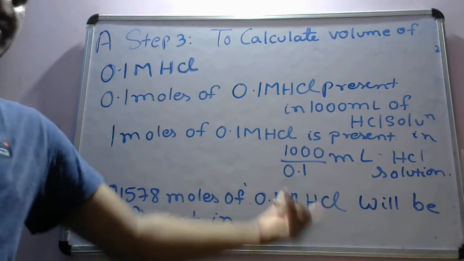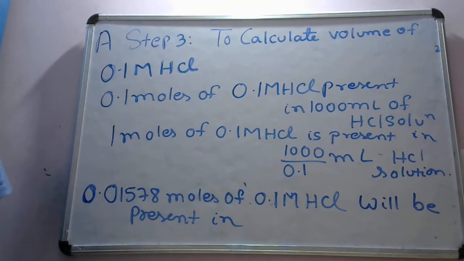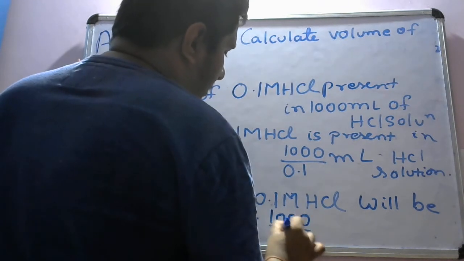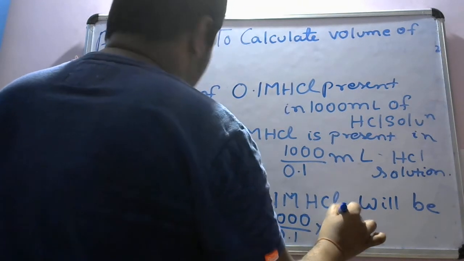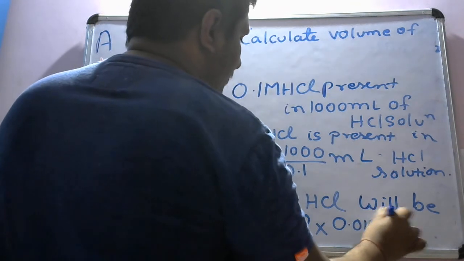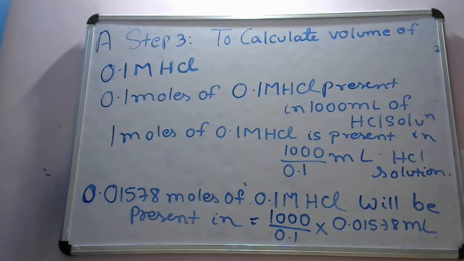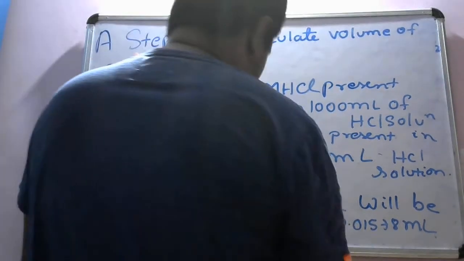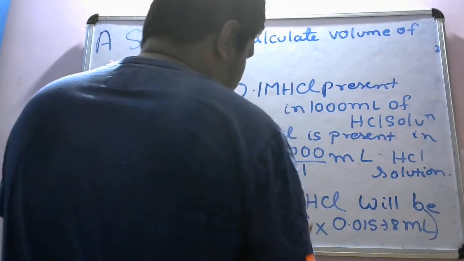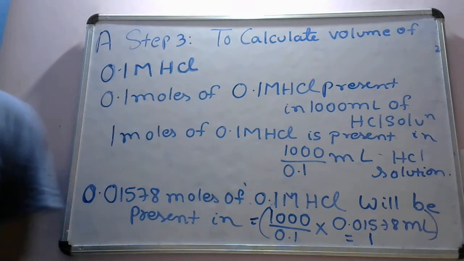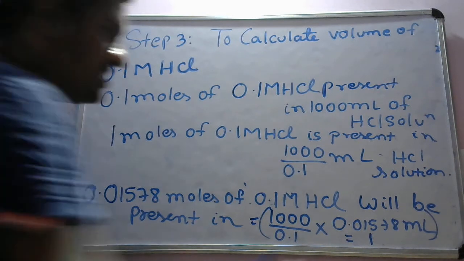This much moles of 0.1 molar HCl will be present in 1000 by 0.1 into 0.01578 milliliter. Okay, that will be 157.8 milliliter. So when we calculate, it will be 157.8 milliliter.